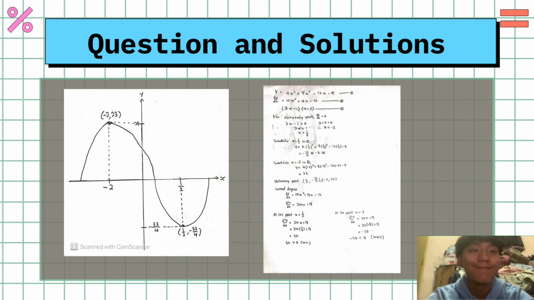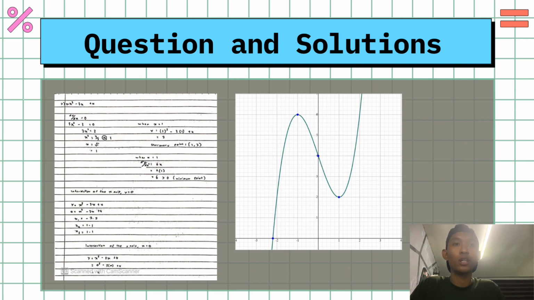That's all for me. So I want to talk about the equation. First step, differentiate the equation. After differentiating, get the values for x. After that, from the x answers, we substitute into the equation to get the value of y.